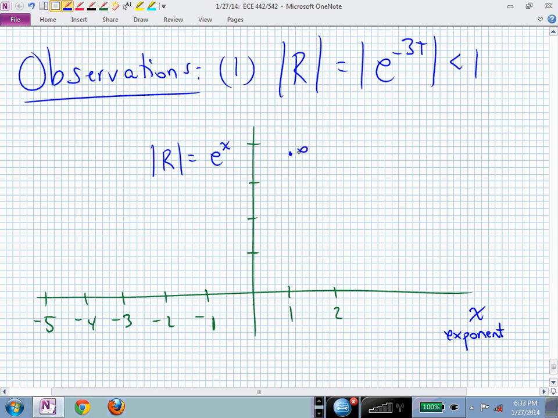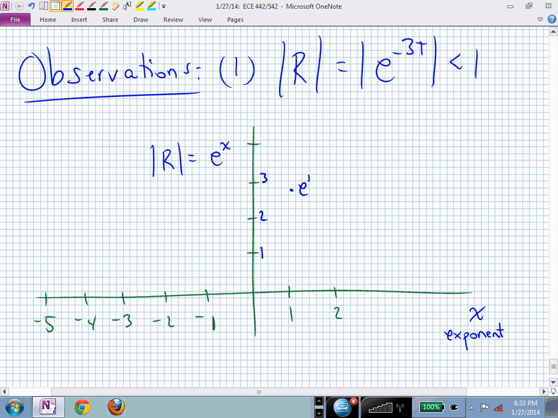Here is e to the 1. Okay, here's 1, 2. What's e to the 2? 2.7 squared.